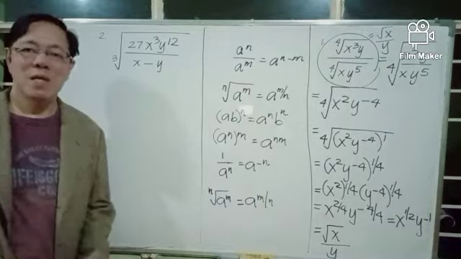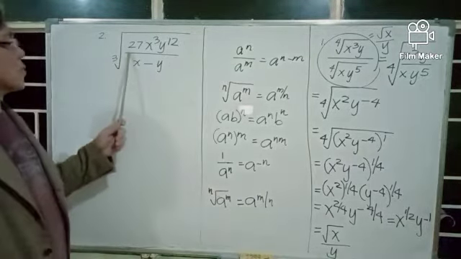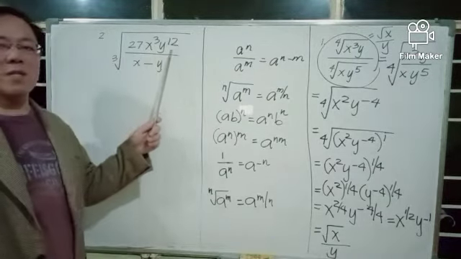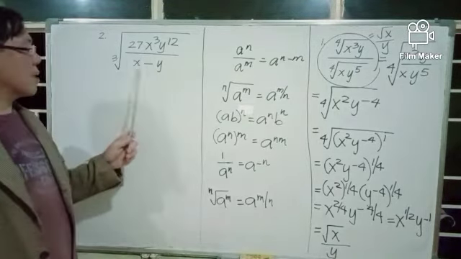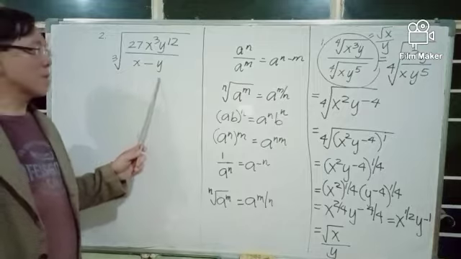Consider this radical expression. We have the cube root of 27x cubed y raised to 12 divided by x minus y.